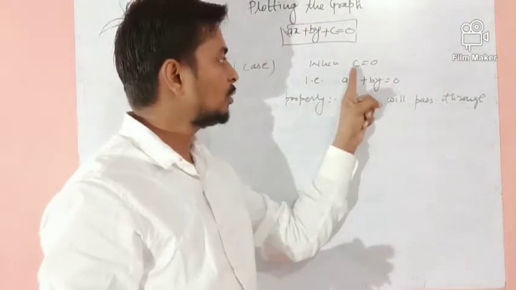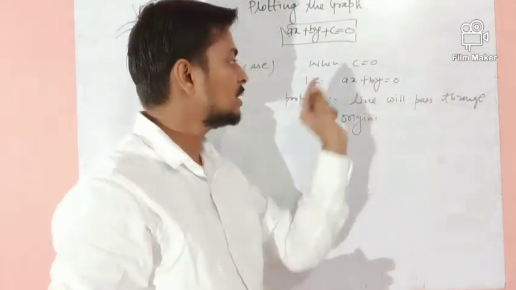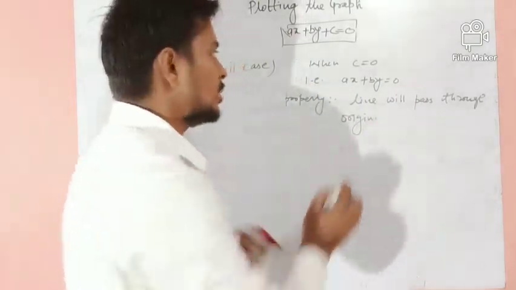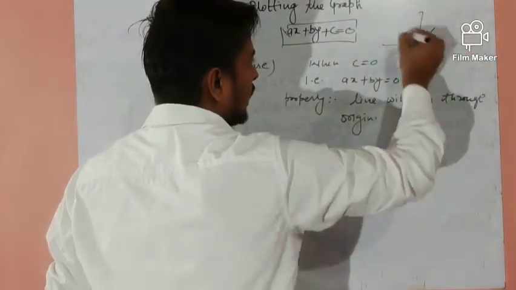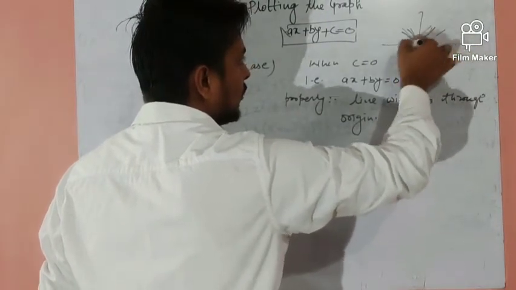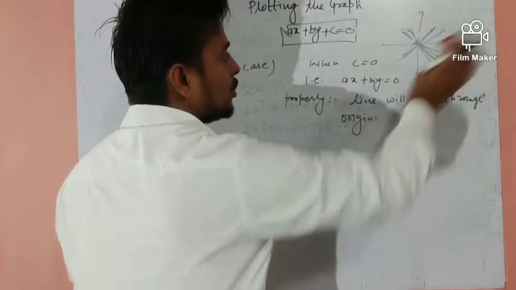If c is equal to 0, the constant term is 0, then 100% that line will pass through the origin. Passing through the origin means that the line will be like this, right? 100% that will pass through the origin.